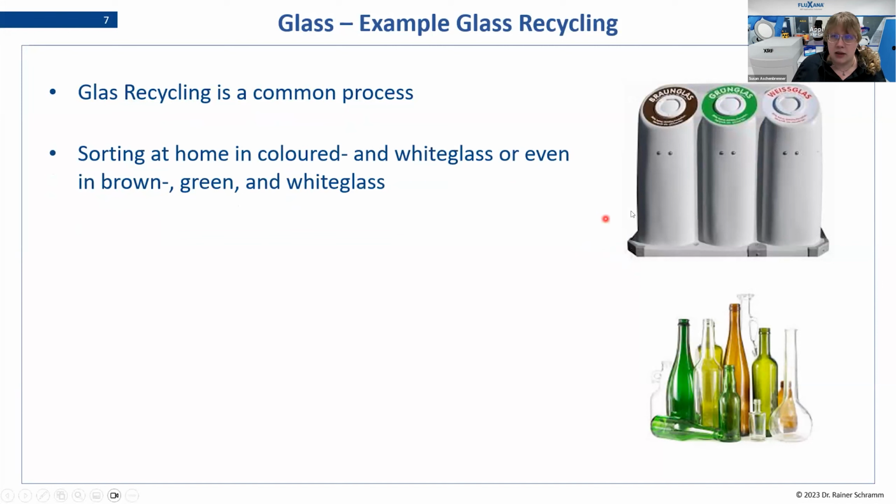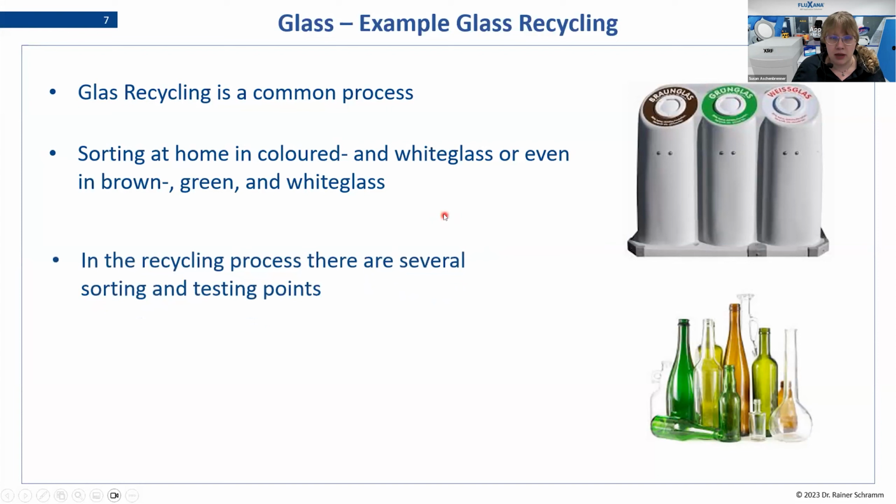The glass is then collected in containers that also differentiate between brown, green, and white glass. And then it is basically already pre-sorted at home when it comes into the recycling process.